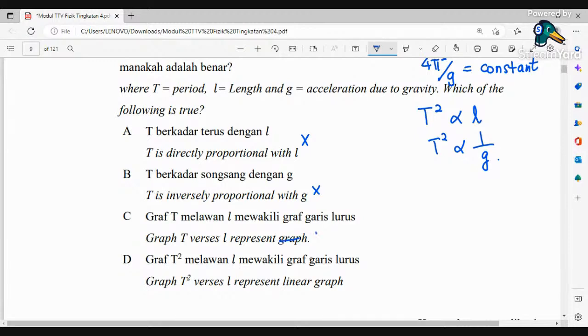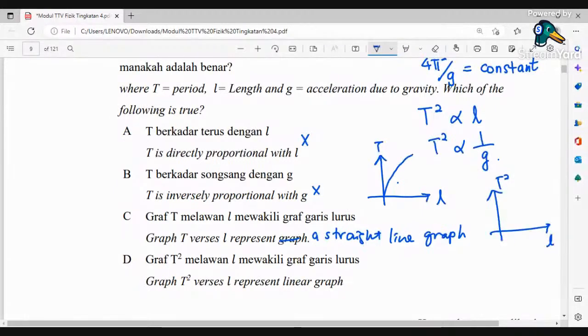A straight line graph. Okay, if you plot a graph of T against L only, this is like a quadratic graph, so the graph should be curved if T against L. But if you plot T squared against L, directly proportional the relationship, this one you will get a straight line.